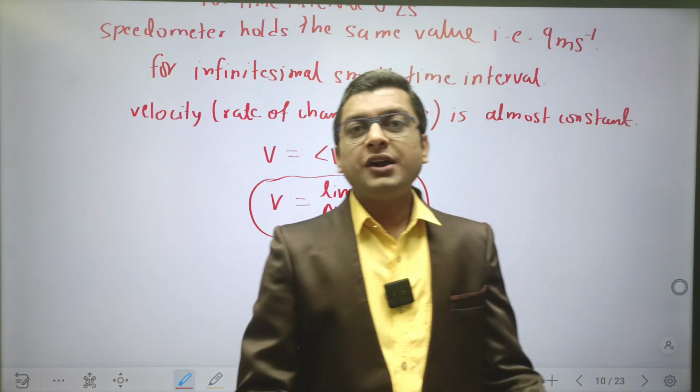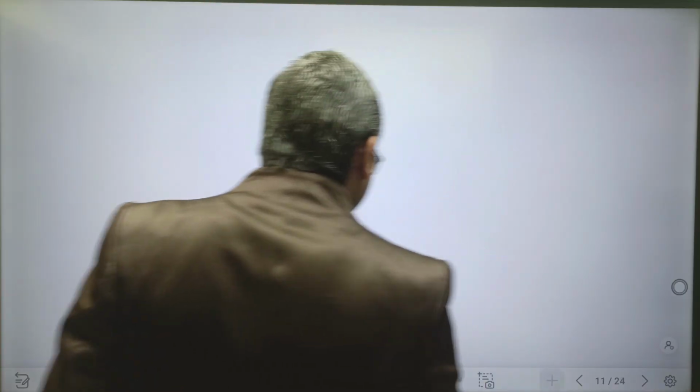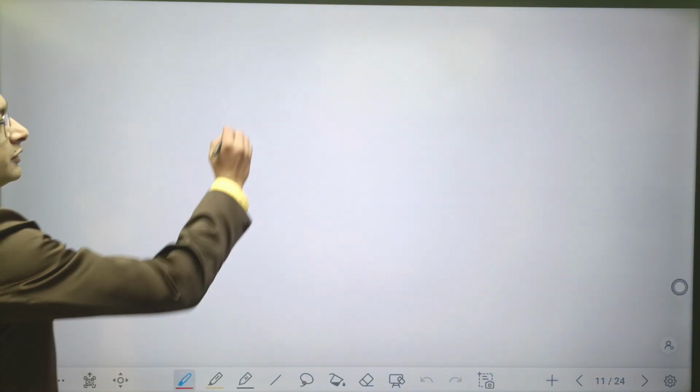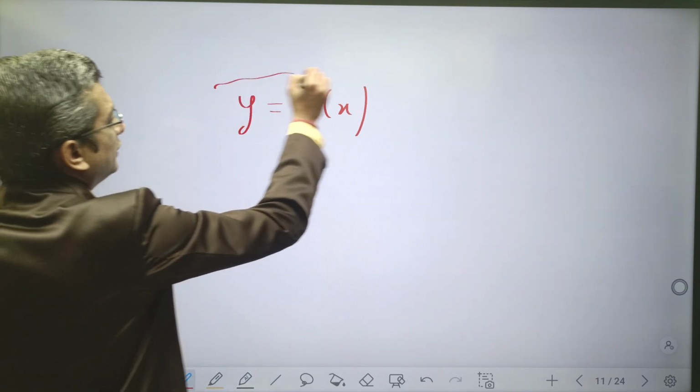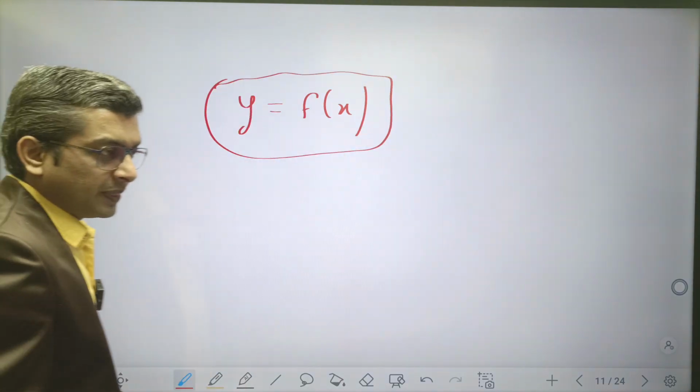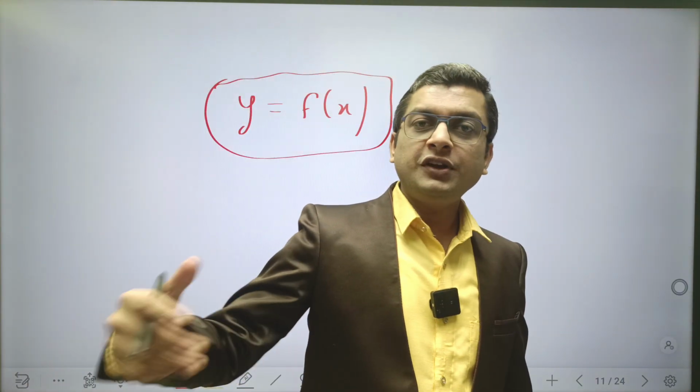So are you getting it now? What important conclusion are we obtaining from here? Suppose y is equal to f(x). This y is a function of x, isn't it? So its rate of change may be different.